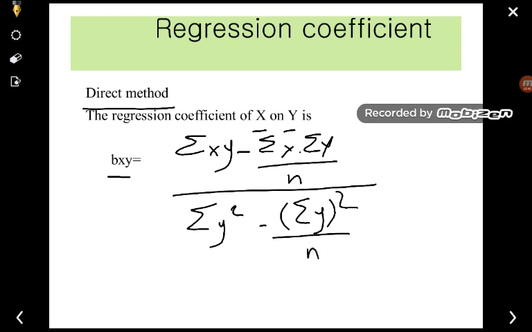So this is the formula for the regression coefficient of x on y.